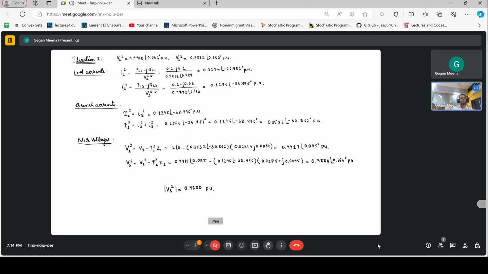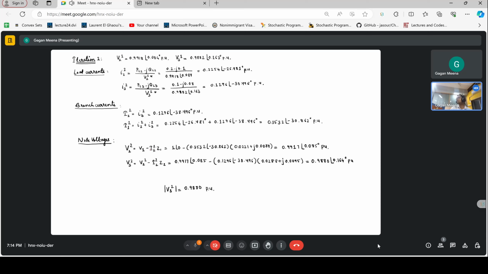So V2 is V1 minus I1 Z1, where V1 is 1 angle 0 and I1 is this. So you will find V2. Now use this value of V2 for calculating V3, and I2 as this one.